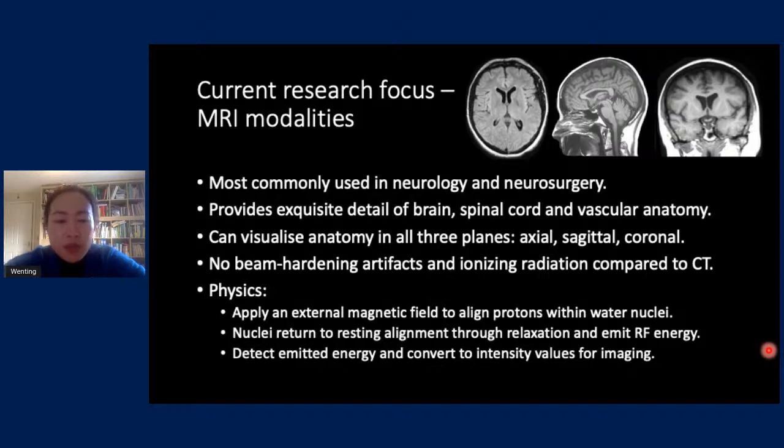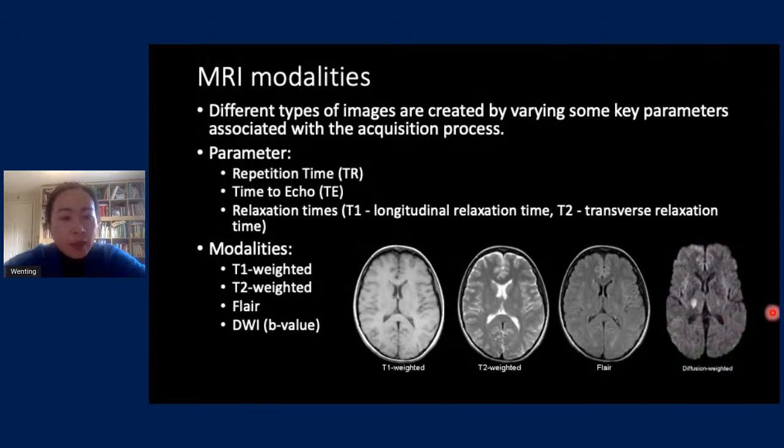After a certain period of time following the initial radio frequency energy, the emitted signals are measured and converted using Fourier transform to form the intensity values of the image. There are many parameters involved that the operator sets.